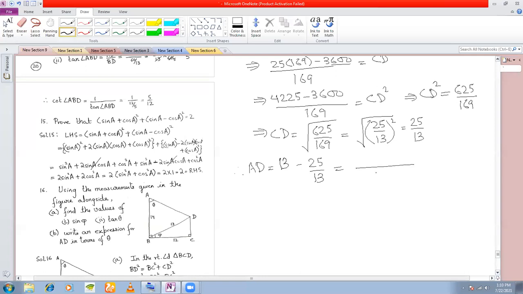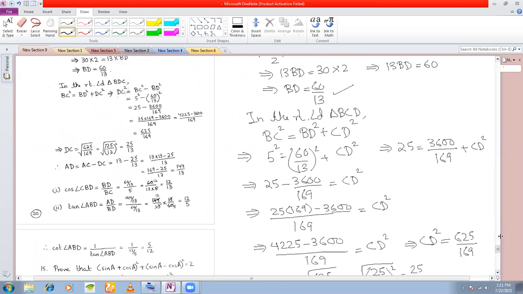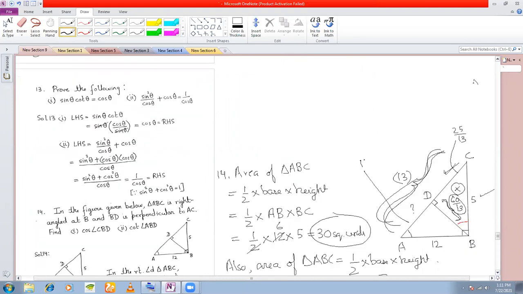Now you take the LCM once again. You get 13 into 13, which is 13 square minus 25, which is equal to 169 minus 25 divided by 13, which is equal to 144 divided by 13. So we've got the length of AD also. AD, how much have we got? 144 by 13. So this length we have got 144 by 13 units.